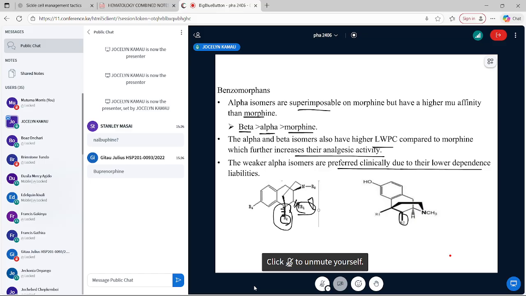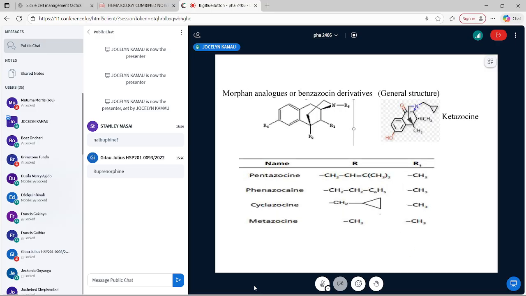And because of the more toxicity, they will have more addiction liability. So you find clinically it is the alpha isomers, where the methyl group at position number 9 is still facing down or is cis. That is what is preferred.